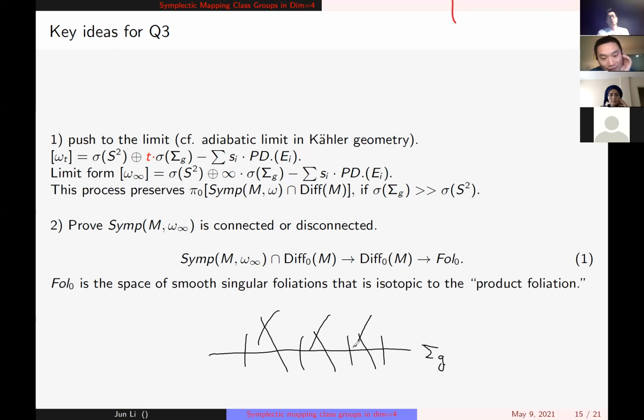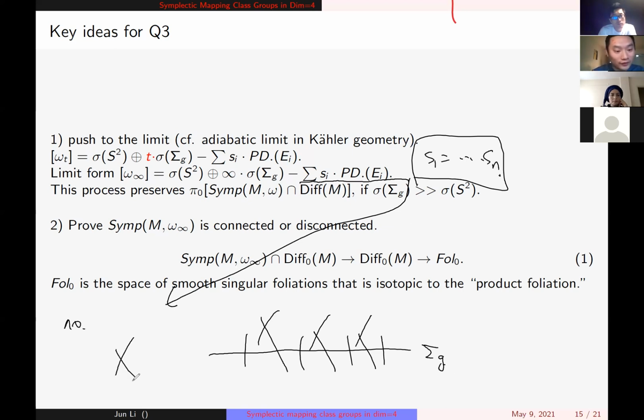Okay, then the key point is if the symplectic form we choose here has all equal size blowups, then we don't have such bad breaks of a single sphere, or equivalently, we only have such singular fibers where one sphere breaks into 2 components.